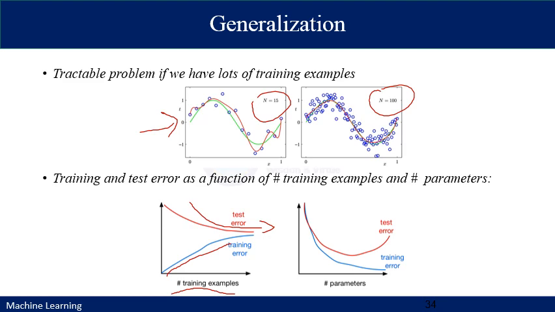However, if you are making your model more complex, your training error is likely to decrease, but your test error is likely to increase after some time because your model is more complex than the data. That means it is modeling the noise as well.